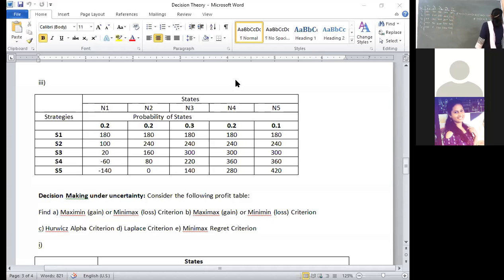If you calculate this, you will get the value 180.